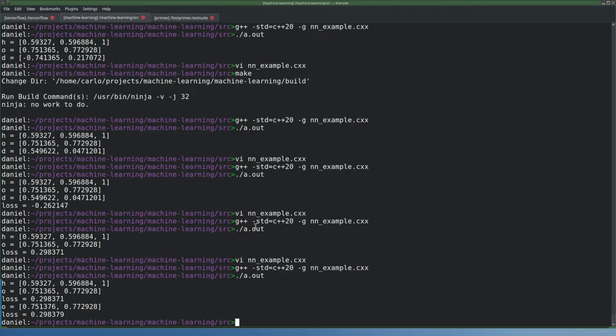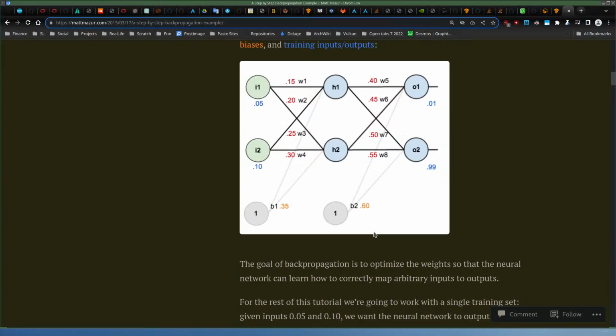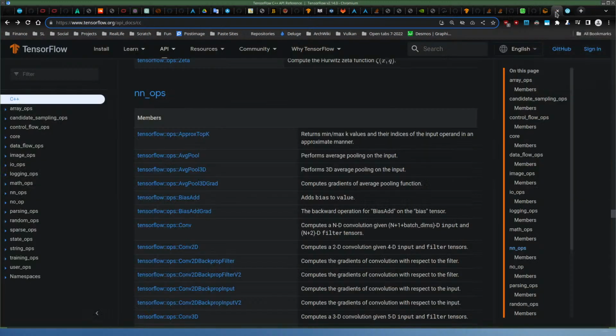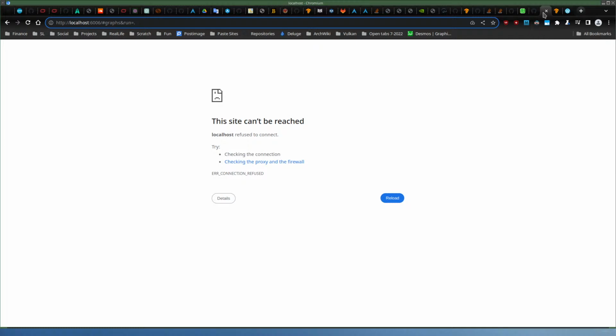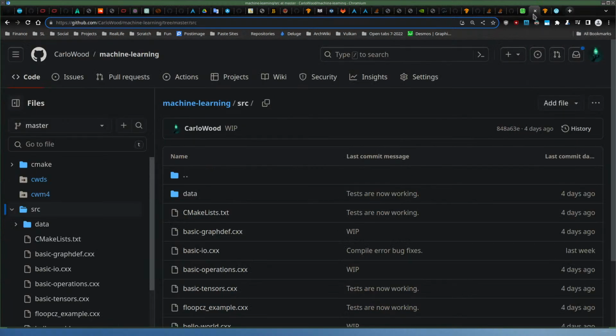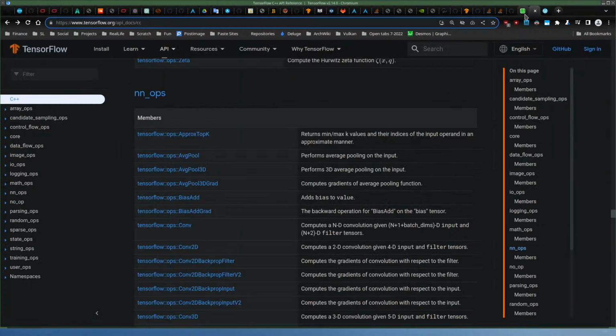I think I want to have a bigger precision here. I don't know how that works. What can I close? No, this one can be closed.